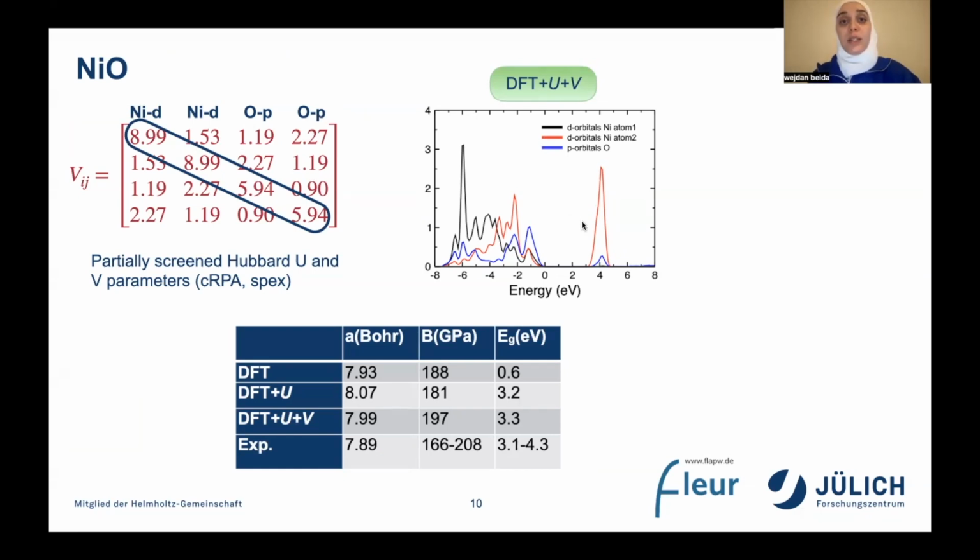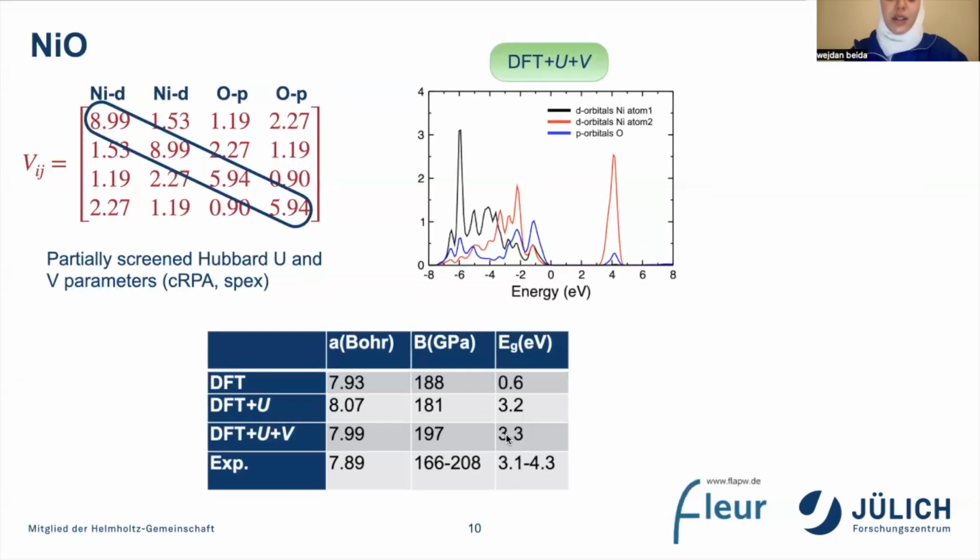Here, one can observe that the improvements which are already introduced by DFT+U are still present in DFT+U+V, but with a slightly larger band gap. Additionally, the cell is contracted again, and this is closer to experiment.